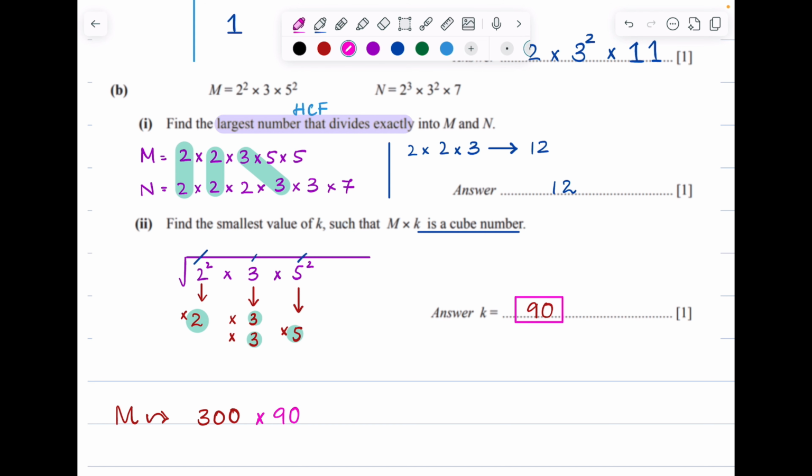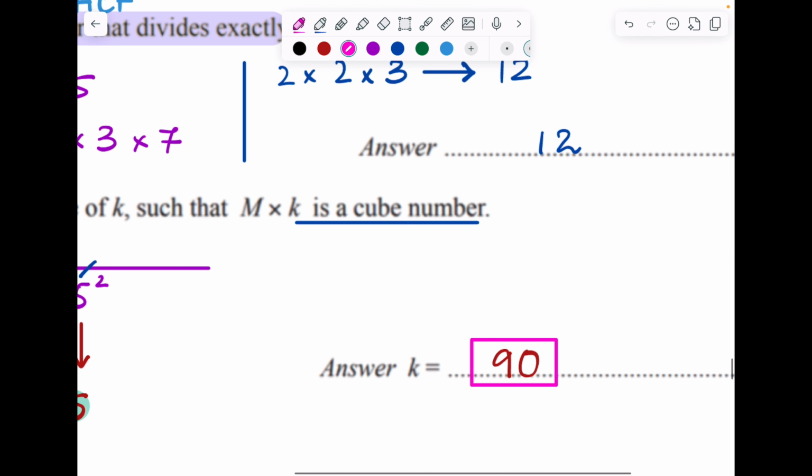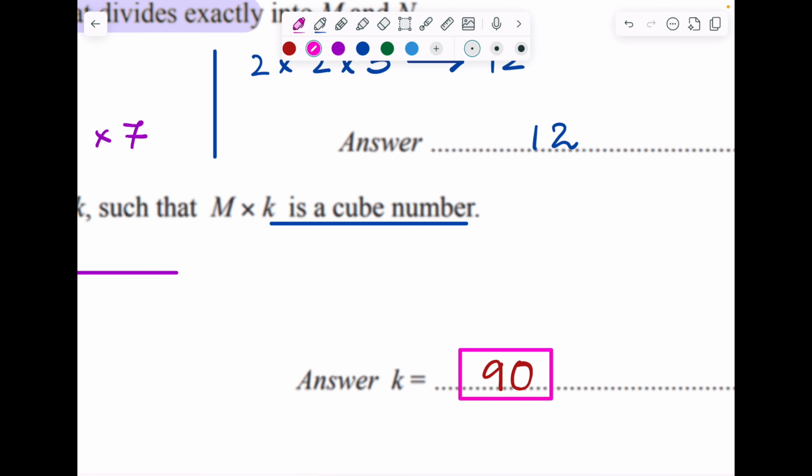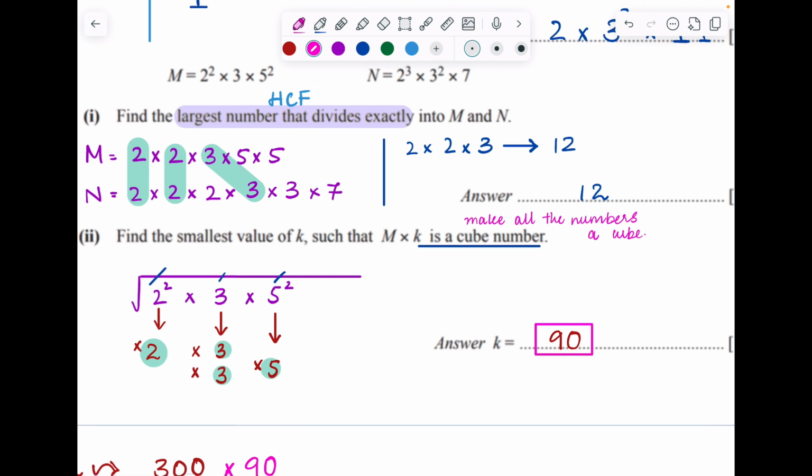If it's a cube, you will make all the numbers a cube. Simple and easy. Got it? That's all you need to do. You need to make all the numbers a cube.